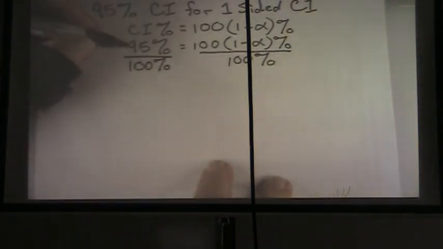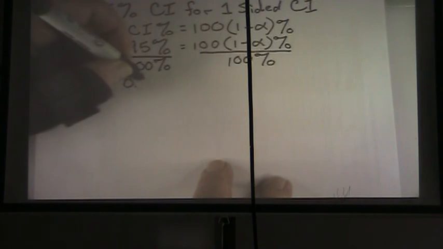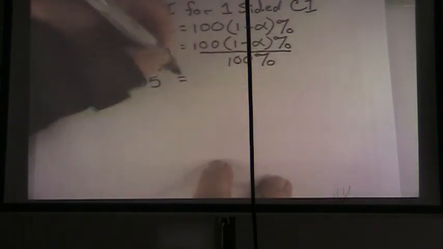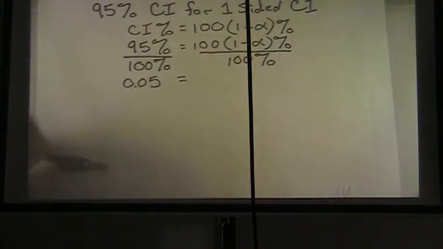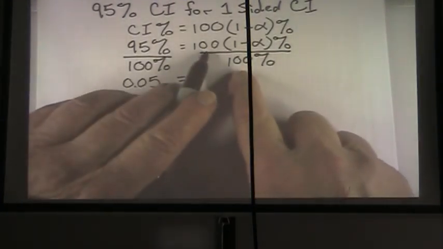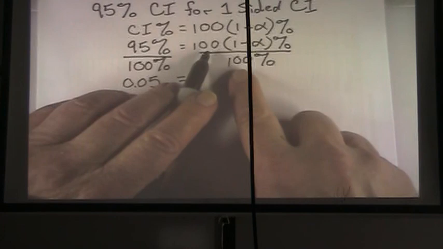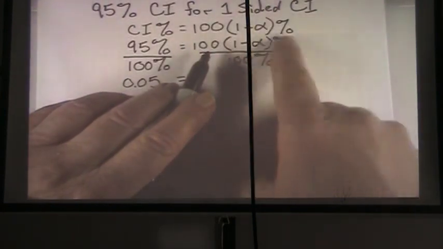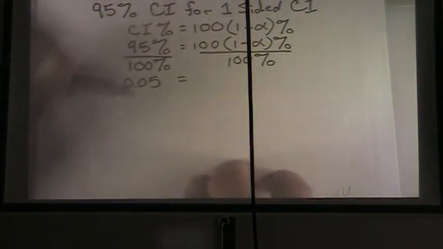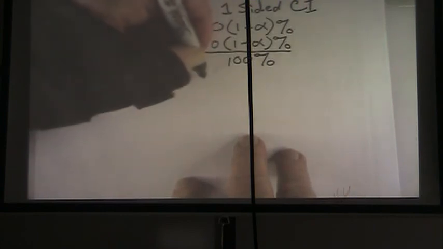So that means I'm going to move my decimal place over 2 places here and say this is 0.05. And over here, 100 divided by 100 is 1, and percent divided by percent is 1. So it comes out to be 1 minus alpha.